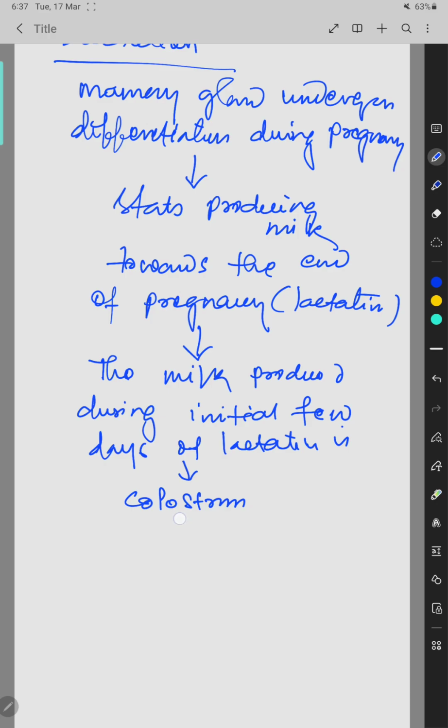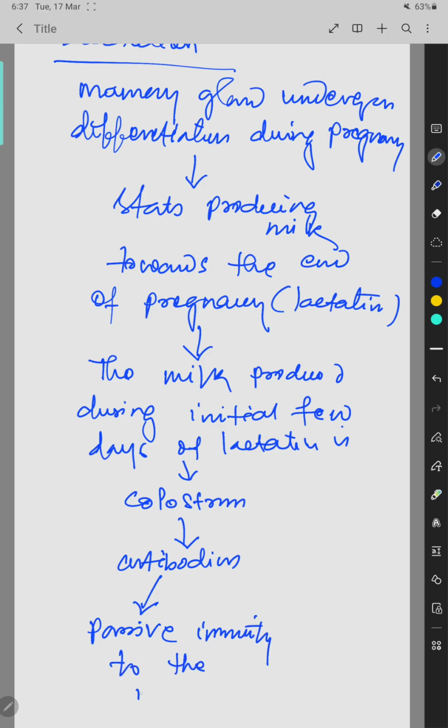Okay, and this colostrum contains antibodies, which provides passive immunity. Remember, passive immunity to the infant. And besides that, it contains the nutrients which is required for the development of the baby.